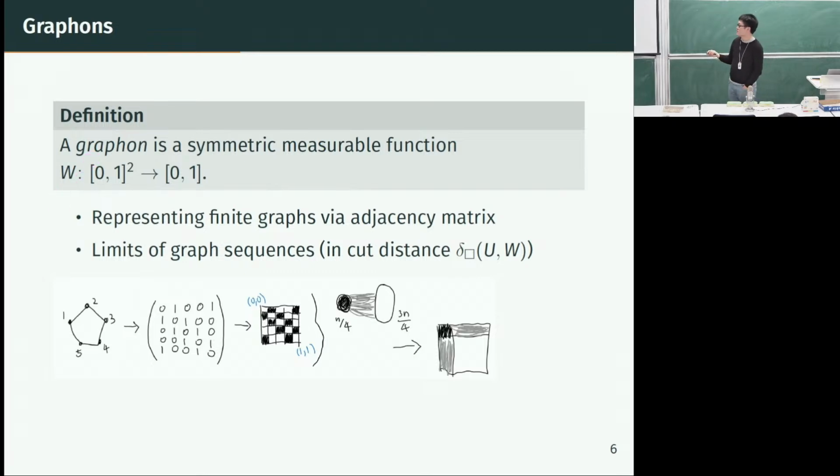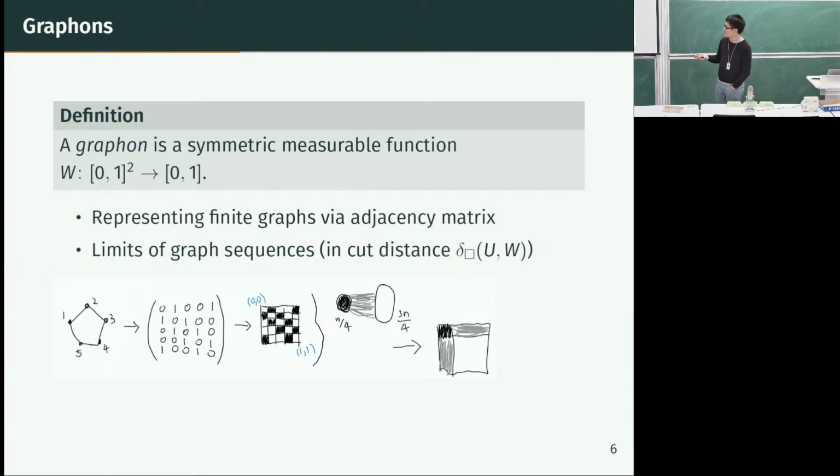The first step is to represent each finite graph via its adjacency matrix. Take your favorite graph, maybe it's very big, maybe it's very small. I am not very ambitious, so I'll pick only this very small one called C5.